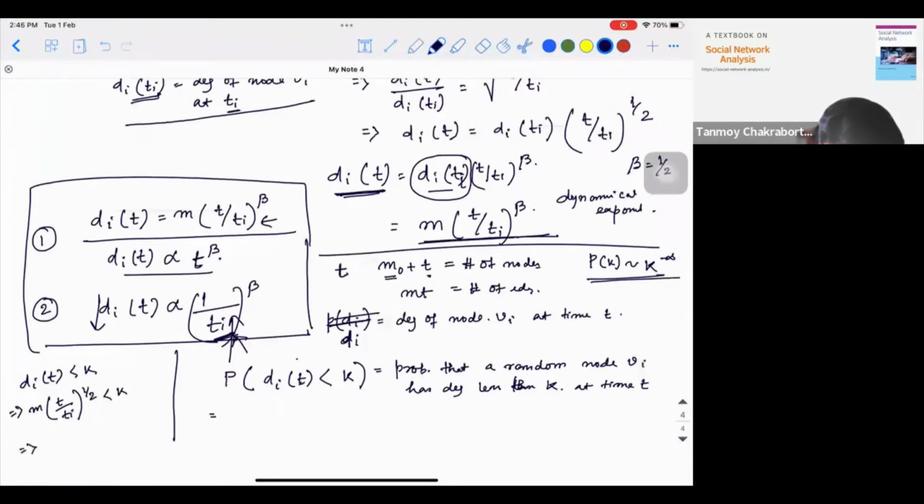We can do the calculation and see that ti is greater than (m by k) squared times t. If we move ti to the top and k to the bottom, you see that this looks like this. So we can replace this probability by this one: ti greater than (m by k) squared t.